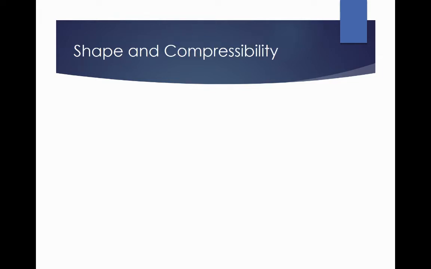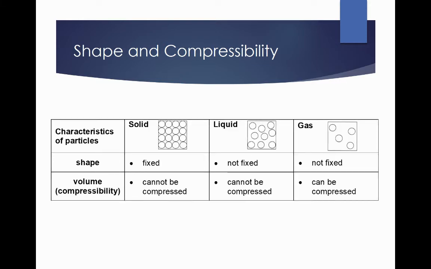Another thing we can talk about will be the shape as well as the compressibility of the three states of matter. And again, you should be familiar with this from your knowledge in science from your earlier years. These are two important concepts that I have summarized into two questions in the form of a flowchart.